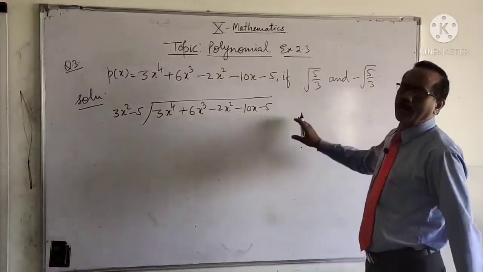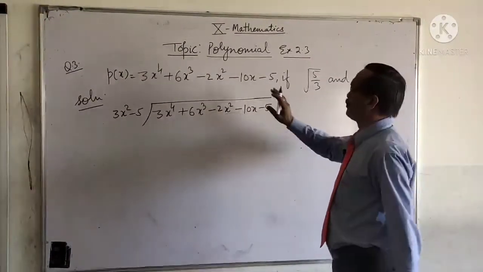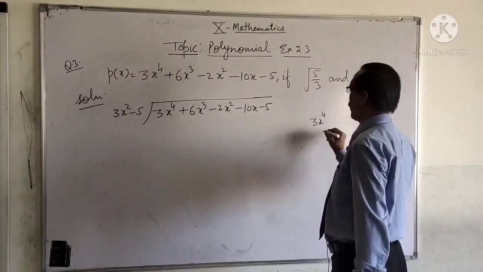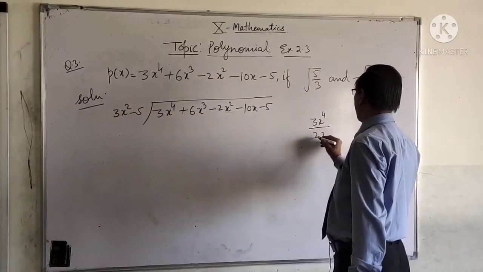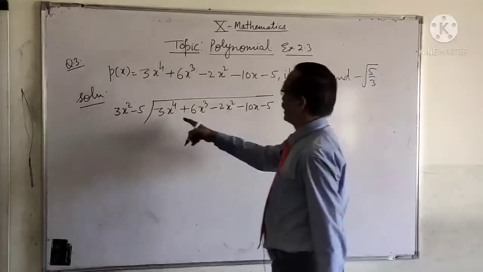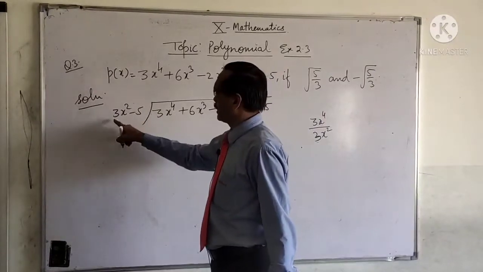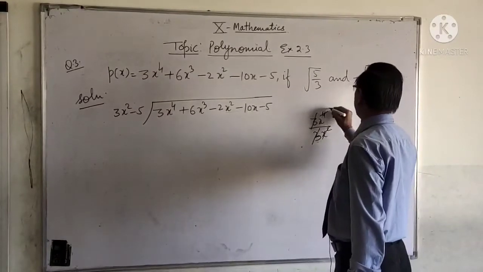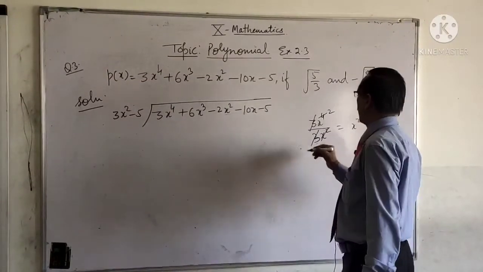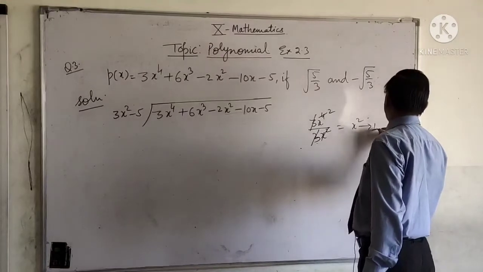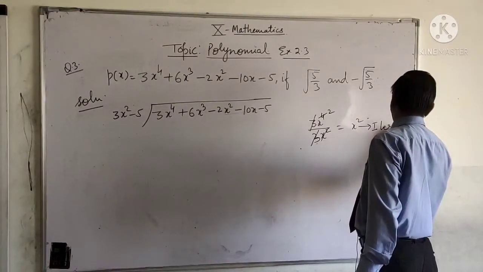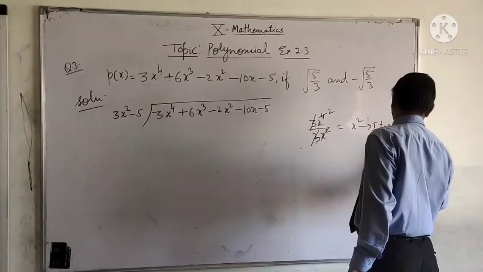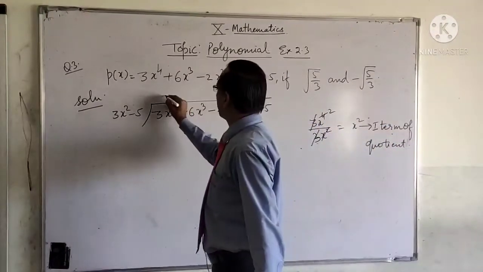To obtain the first term of the quotient, it is 3x^4 divided by 3x square. 3 cancels, square cancels, so it is x square, the first term of the quotient.